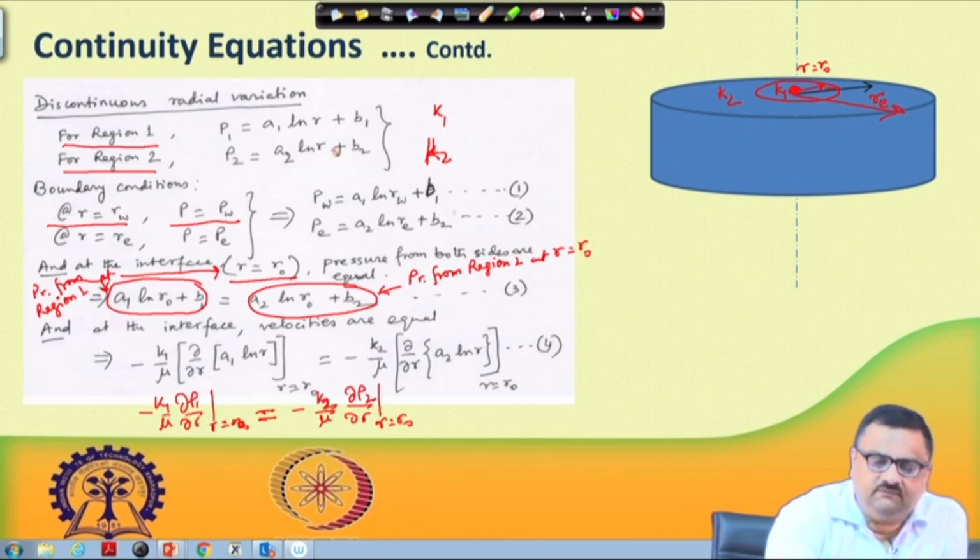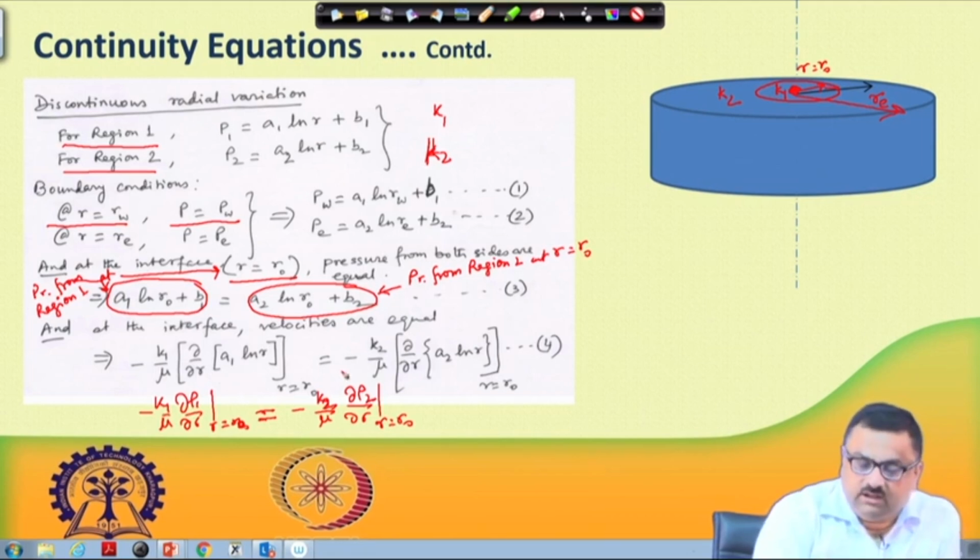When we take the derivative of del p1 del r, obviously del B1 del r is 0, and we have to take the derivative of this. That is exactly what has been done here.